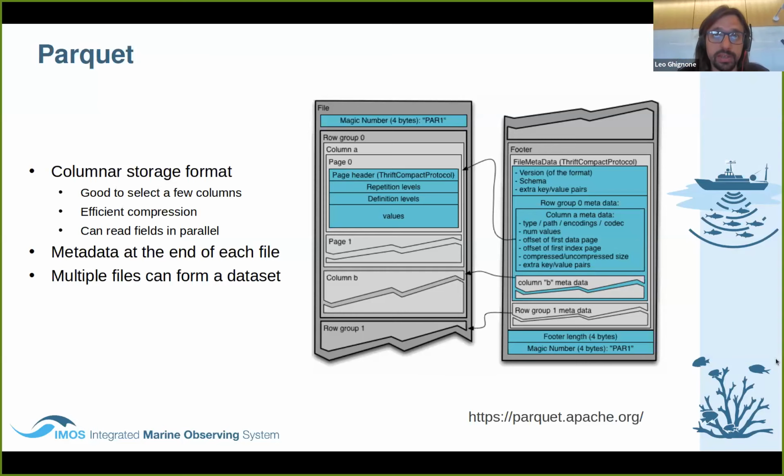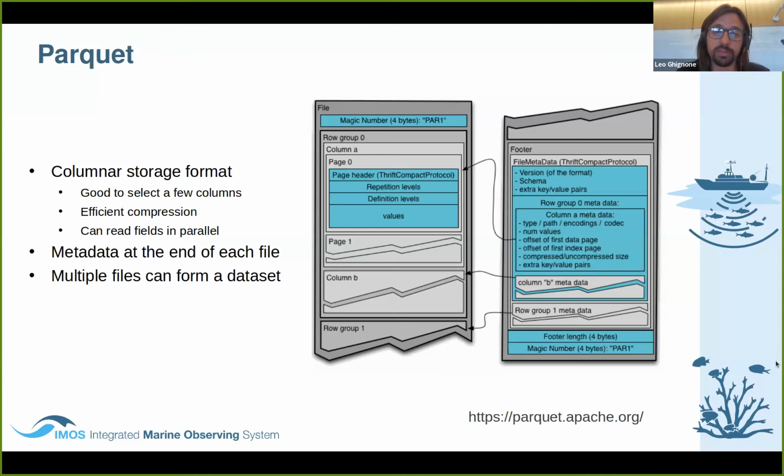This is good. This gives us several advantages. In particular, sometimes we have data sets with a very large number of columns, but people won't necessarily be interested in all of the columns at any time. Maybe someone only needs to know latitude, longitude, and temperature from a data set that has hundreds of other columns.